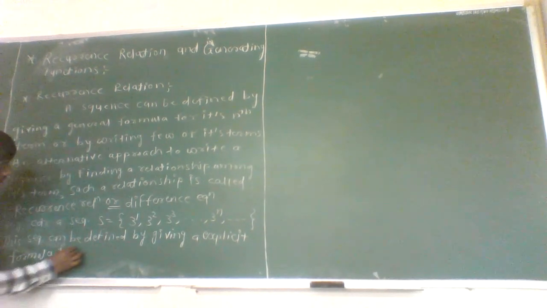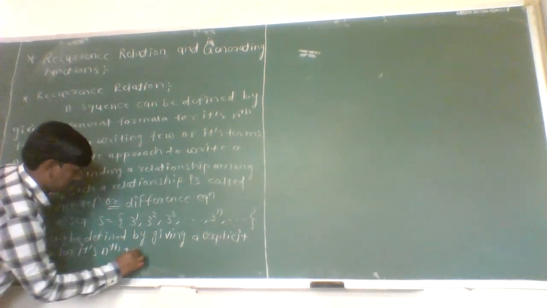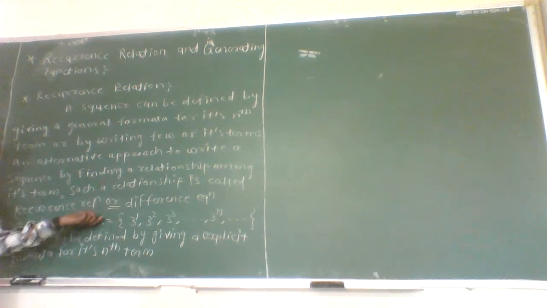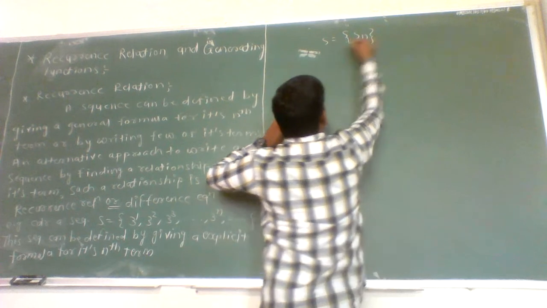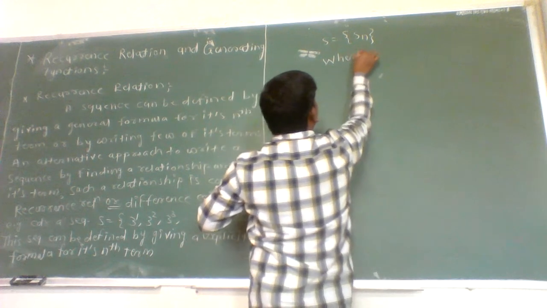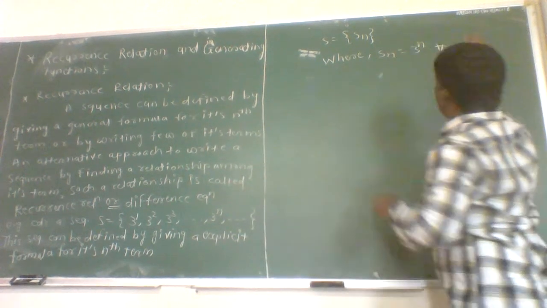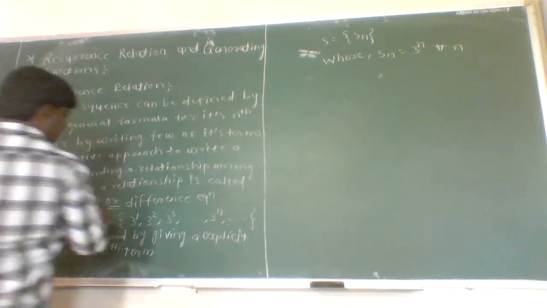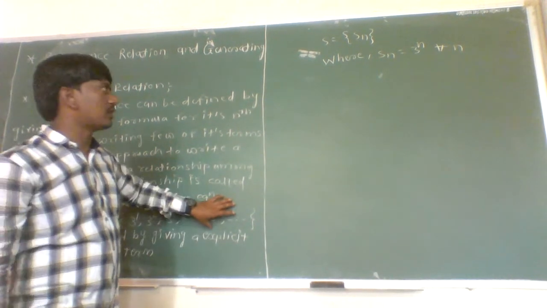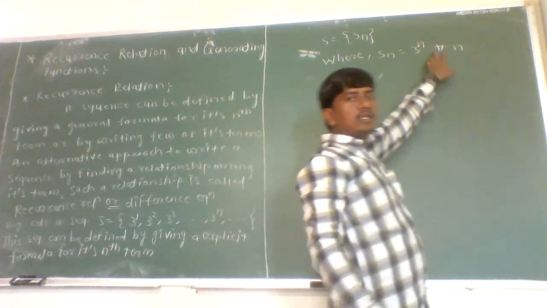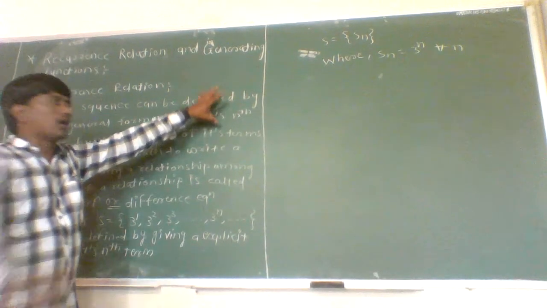According to this sequence S, its nth term is S_n, where S_n is nothing but 3 to the power n for all n, and 3 to the power n is the nth term of this sequence. So we can define the sequence S by this explicit formula.